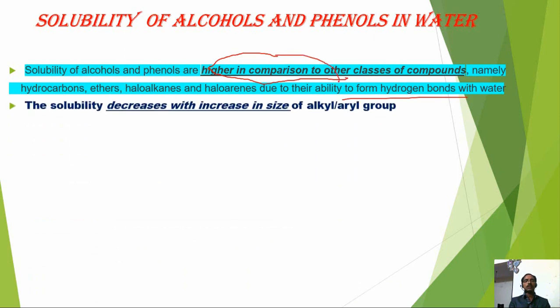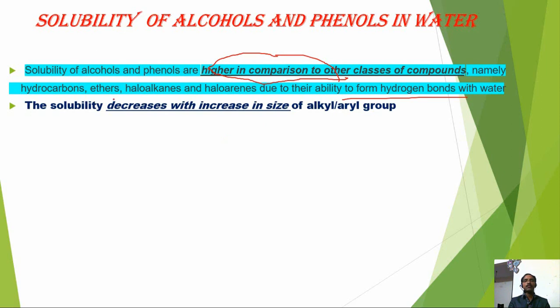Next, the solubility decreases with increase in size of alkyl or aryl group. When you take methyl alcohol and phenol, in case of methyl alcohol only one carbon is there, in case of phenol a 6 carbon chain is there. The 6 carbon non-polar chain cannot dissolve in water.